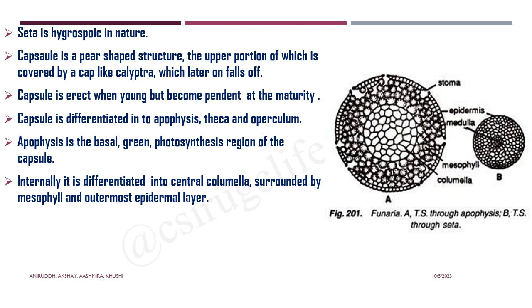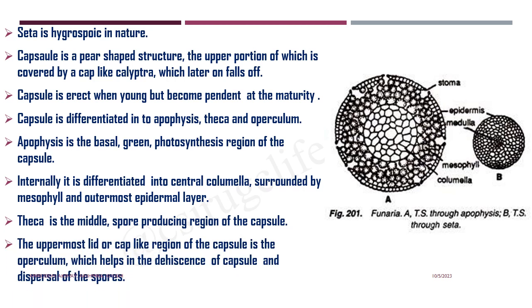Internally, it is differentiated into a central columella, surrounded by mesophyll and an outermost epidermal layer. The theca is the middle, spore-producing region of the capsule. The uppermost lid or cap-like region of the capsule is the operculum, which helps in the dehiscence of the capsule and dispersal of the spores.